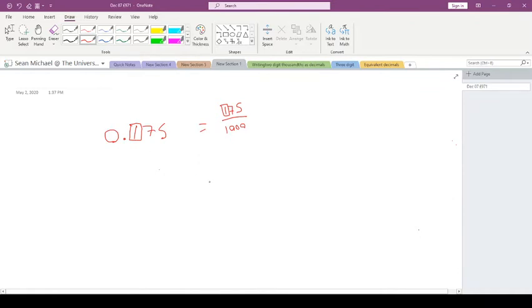And the reason for that, and this is why it's important to remember our equivalent fractions, is that if we wanted to know what 1/10 is in thousandths, we would times this by 10 and times this one by 10, and we would get hundredths first.